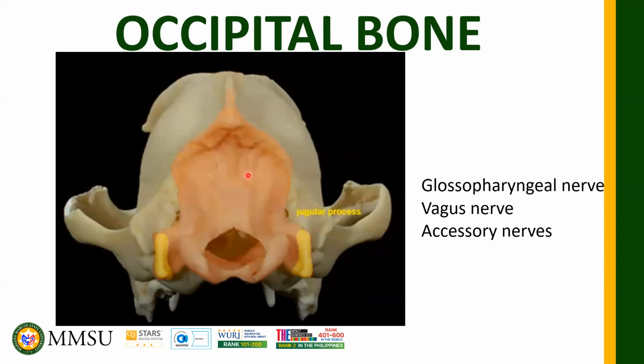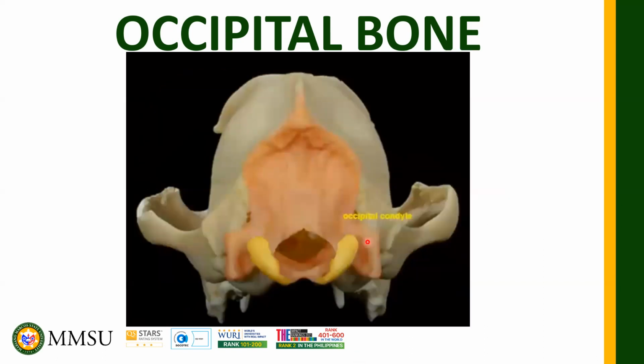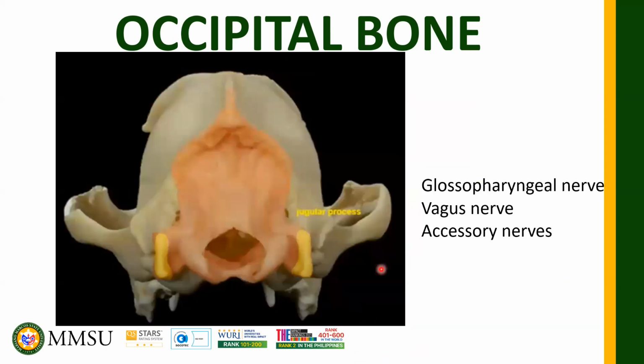Typically located doon sa either side ng foramen magnum or yung mismong occipital condyles natin. Okay? So ano yung function ng mga to ng jugular process, which is ang unang pinaka-function nito is yung jugular process, parang nandoon si jugular foramen.